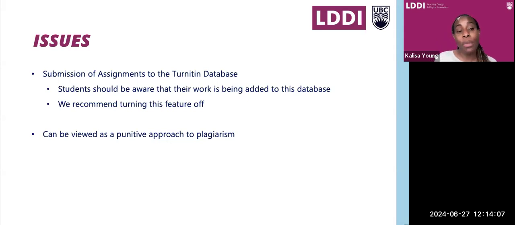We can either add people's papers or submissions to the database, or we can not do that. It doesn't mean that they won't be able to compare their work against this database. It just means that their paper won't be added to this database to be used by Turnitin as a whole. So again, we're going to go through and show that feature.